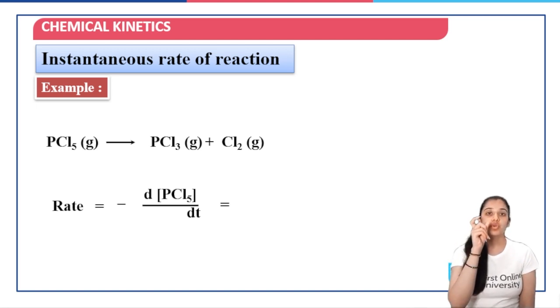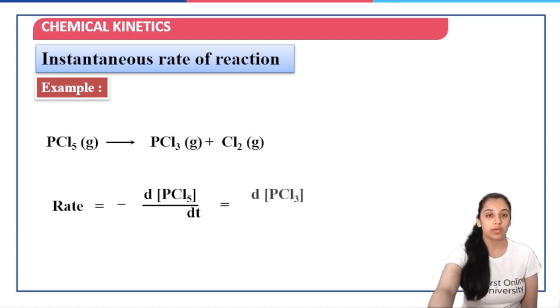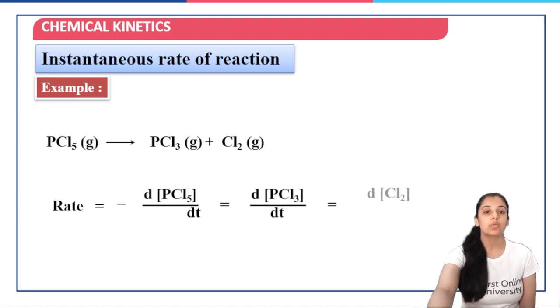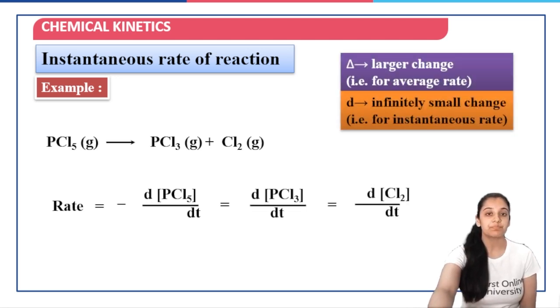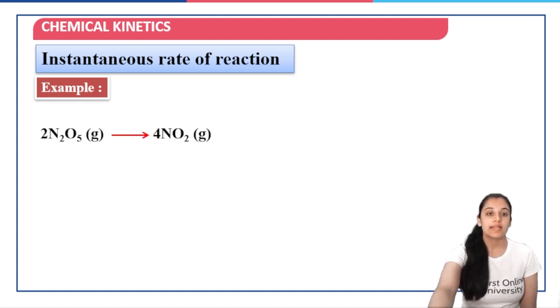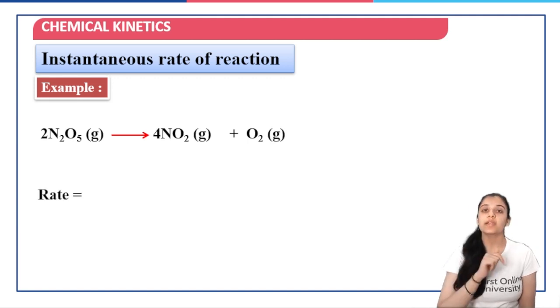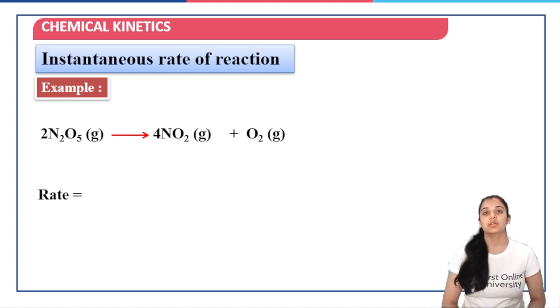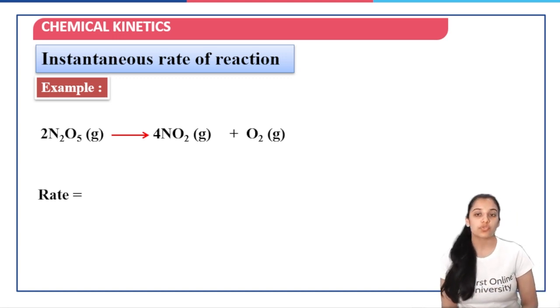But when we talk about very small differences, we talk in terms of d by dt, the differential form, which will be equal to d PCl3 upon dt equal to d Cl2 upon dt. So delta is used for larger change, that is average rate, and d is used for infinitesimally small change, that is instantaneous rate. Let us look at another example. Now you write down the rate equation and then match it with what I am going to provide you as the solution for it.